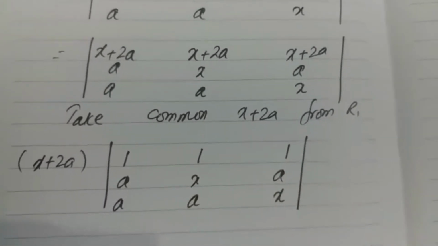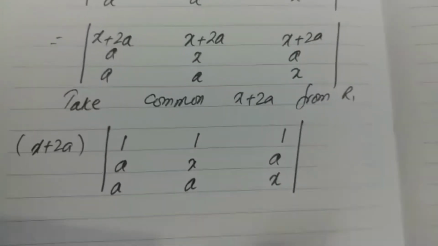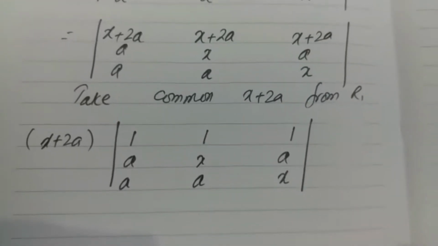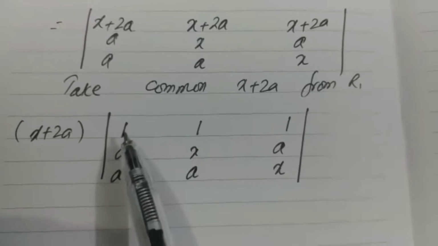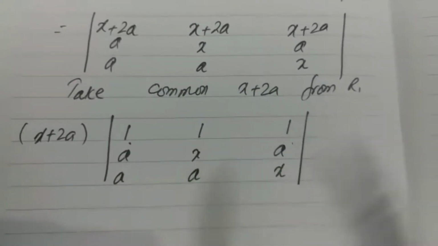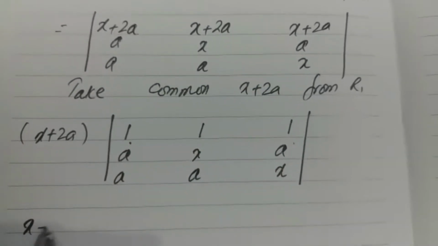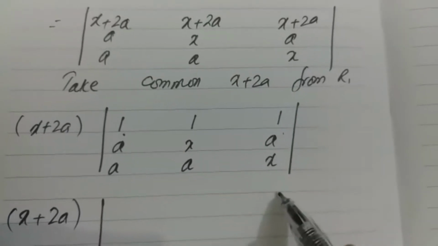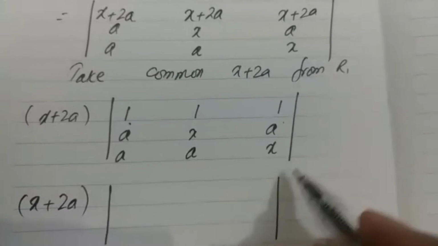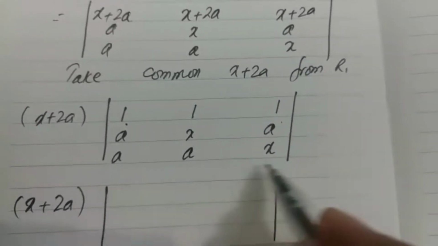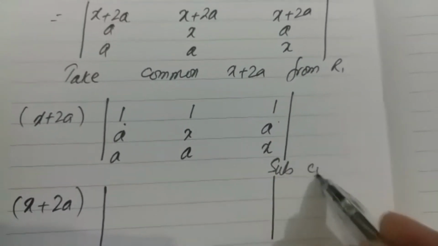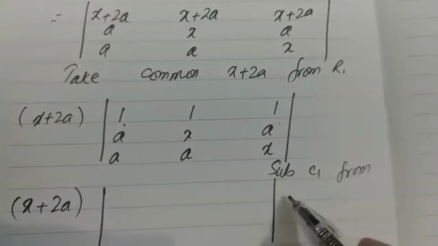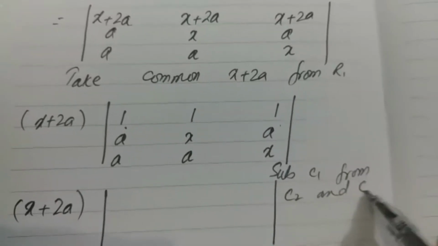Now students, what can we do? We can apply one more property, that is, subtract C1 from C2 and C3. So we can write X plus 2A the same, and in this determinant subtract C1 from C2 and C3. What does it mean?